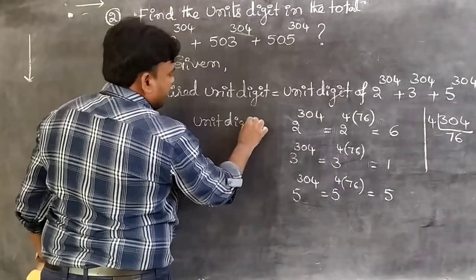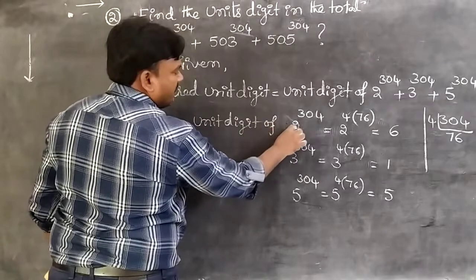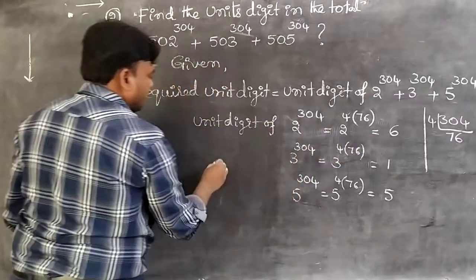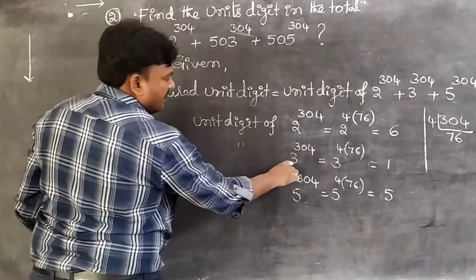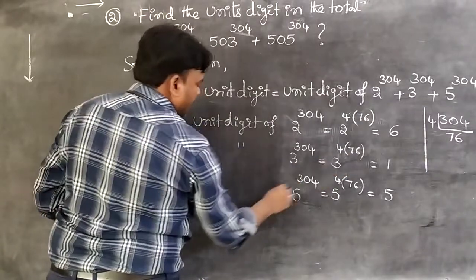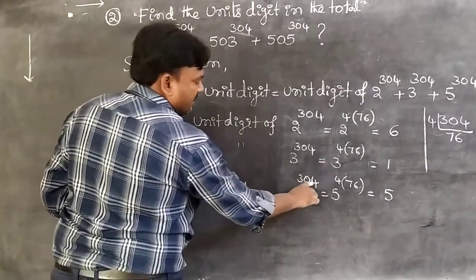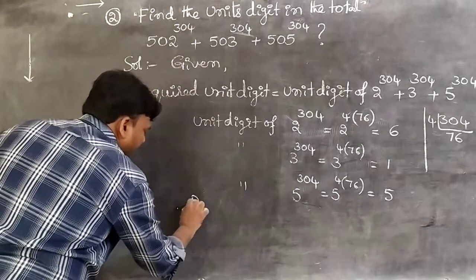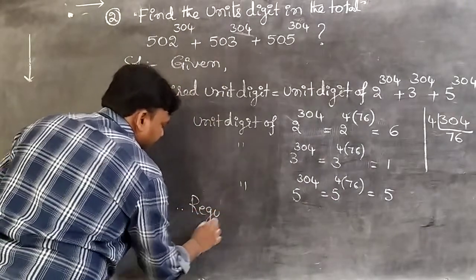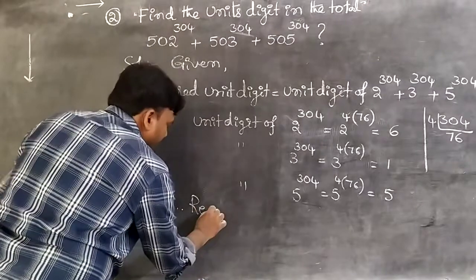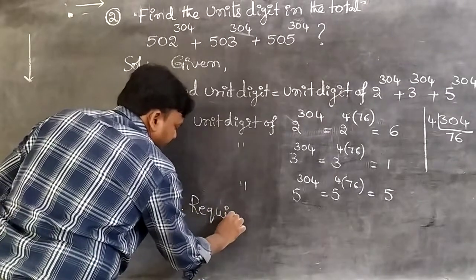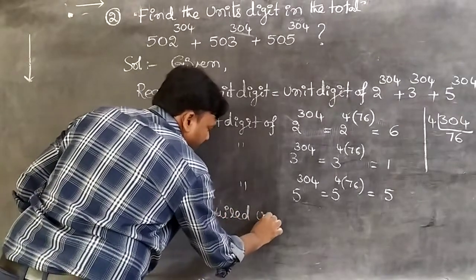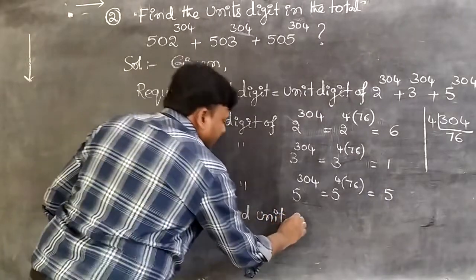So unit digit of 2 power 304 equal to 6. Next, unit digit of 3 power 304 equal to 1. Next, unit digit of 5 power 304 equal to 5. So finally, the required unit digit.